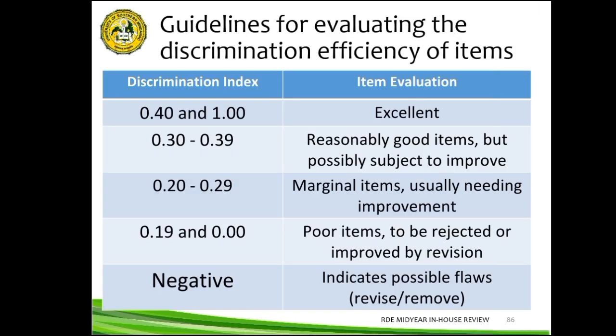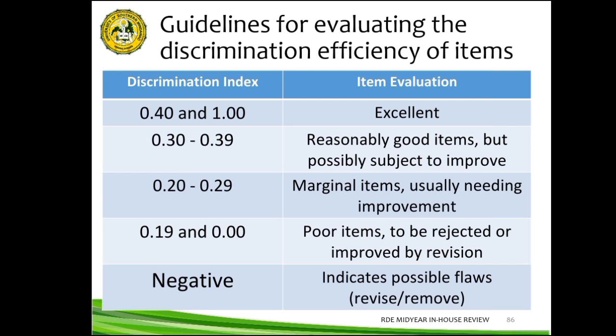So, these are the guidelines for evaluating the discrimination efficiency of the item. 0.40 to 1.00 has excellent discrimination. 0.30 to 0.39 is good discrimination. 0.20 to 0.29 is fair discrimination, but consider revising if needed.